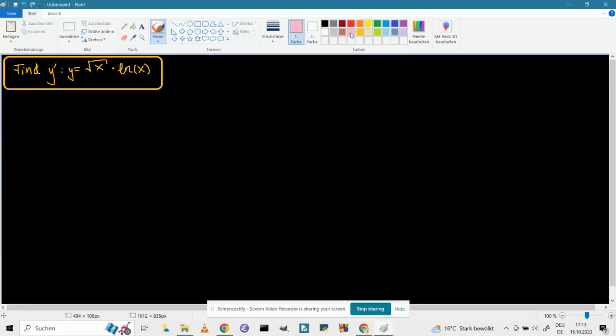But we're just going to worry about the right side today. So today we are going to have to apply the product rule first. So the first thing that we're going to do is apply the product rule. So we're just going to write dy dx of y is dy dx of this entire thing times ln of x.